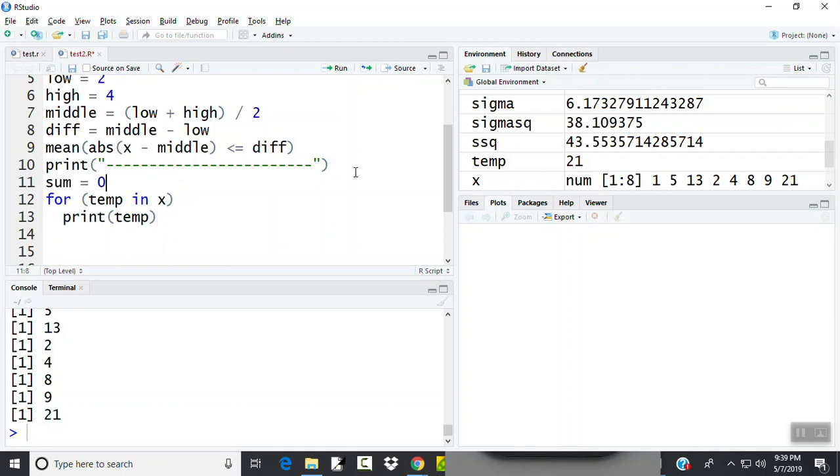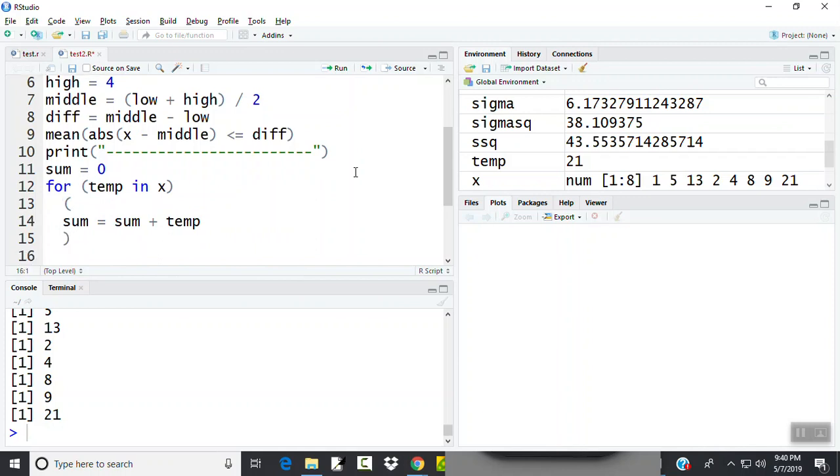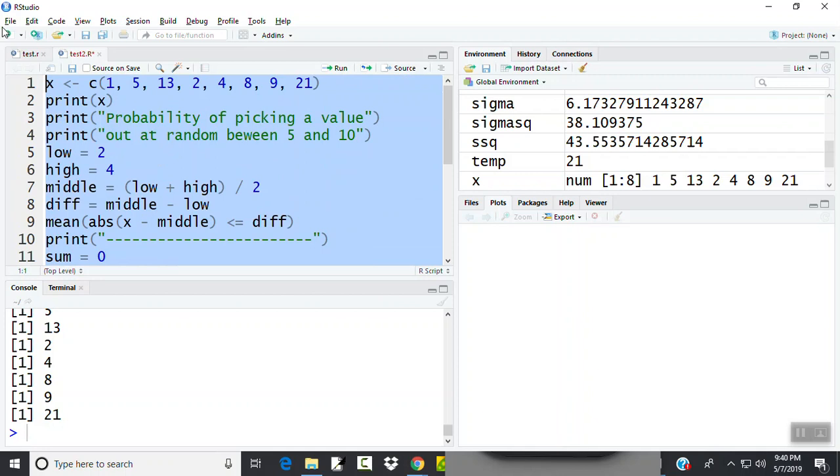So like if I was computing the sum, I could say sum is equal to sum plus temp. I don't remember if I need parentheses here or not. I don't think it's like Python. I teach different programming languages, and I started getting them mixed up. See if that still works, or if I just broke it.